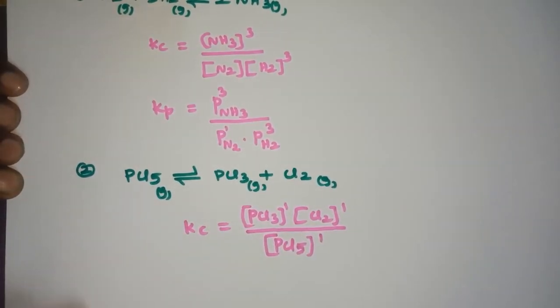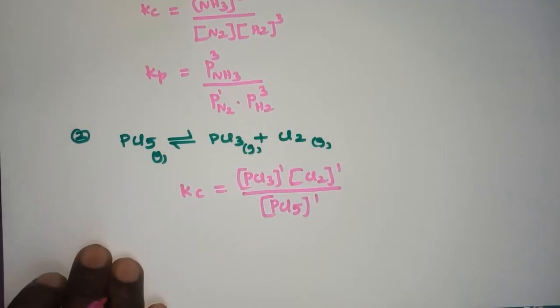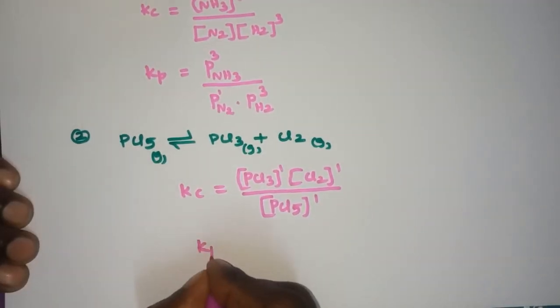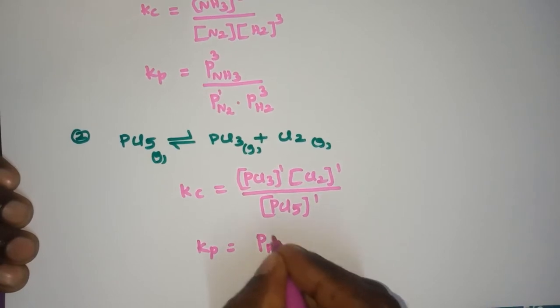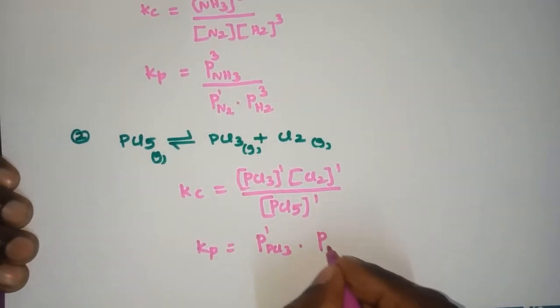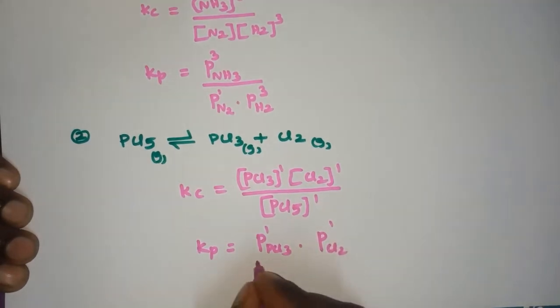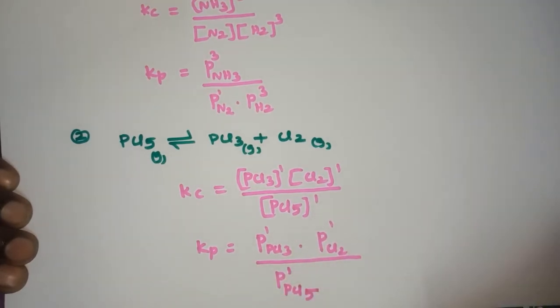In the same way, Kp is written as Kp equal to PCl3 power 1 into PCl2 power 1 divided by PCl5 power 1.